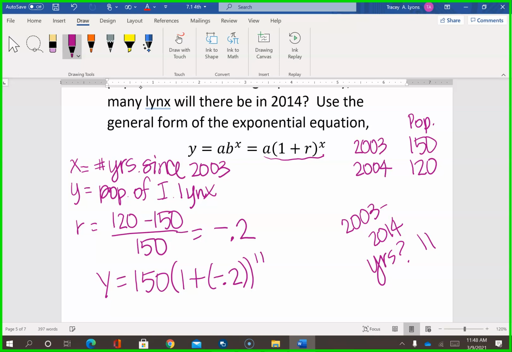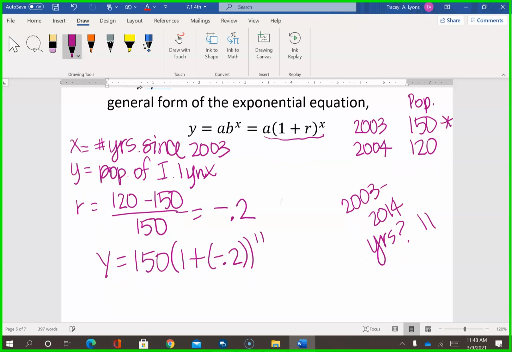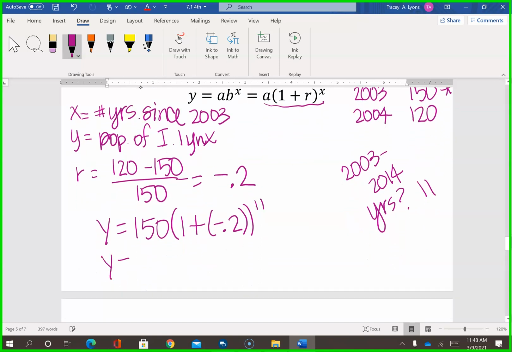You can do it if you want to, but you're going to get exactly the number they started with anyway. Don't waste your time. So we're going to do y equals 150 times 0.8 raised to the 11th. You calculate that on your calculator. You could do it with the parentheses if you want to. And you're going to get about 13.